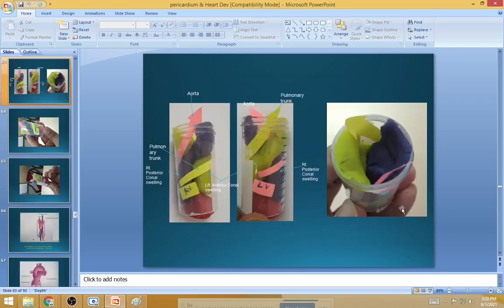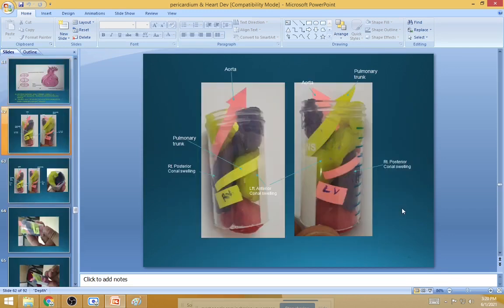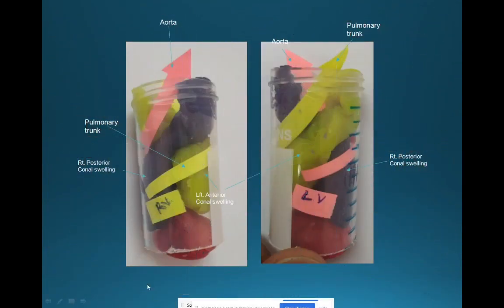So again, the last time I have tried to show a model. See, this is the septum. This is the conotruncal septum, this green thing, and the arrows which I have given, this is just representing the right ventricle. This is the pulmonary trunk.